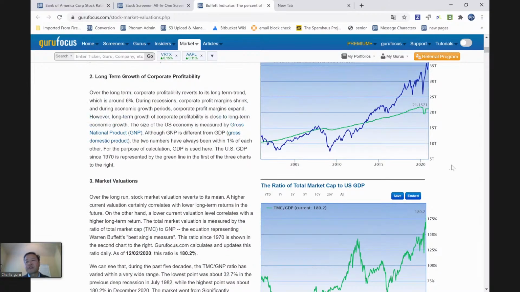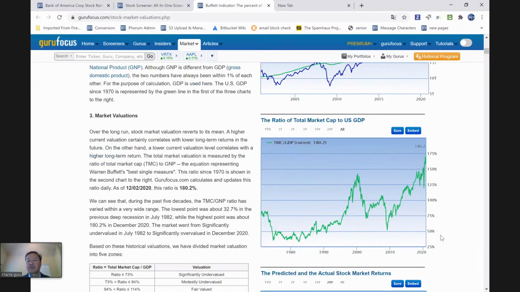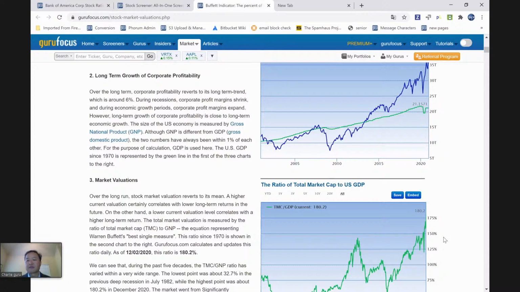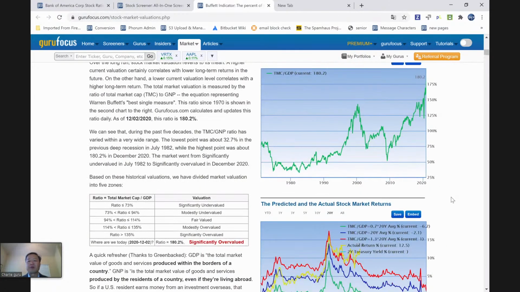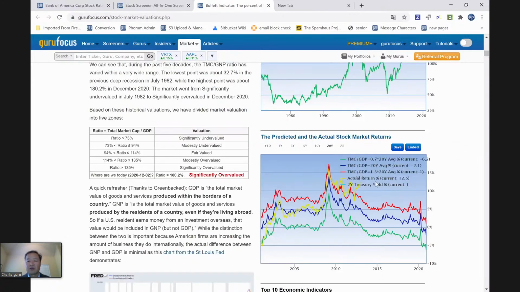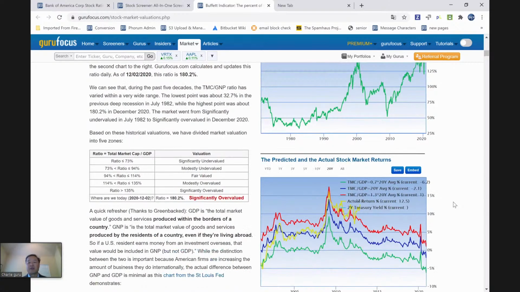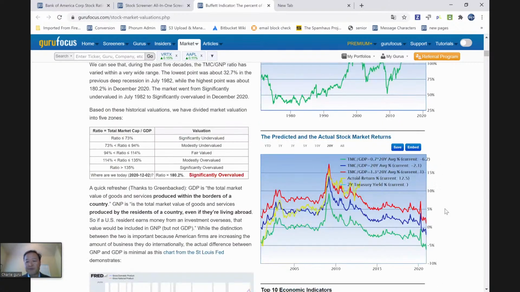If we assume that this ratio will revert to the mean of the last 20 years, that's our assumption, we can predict the future market return, which is shown in this chart. We can be very optimistic, which would be this red line. We can be neutral, which is this blue line. And we can be pessimistic, which is this green line.